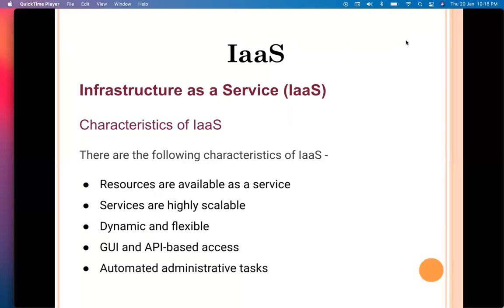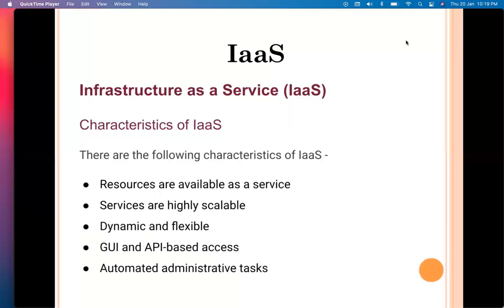Now see, it means renting. Here renting is implemented. We take resources on rent. The IaaS cloud computing platform layer eliminates the need for every organization to maintain the IT infrastructure.